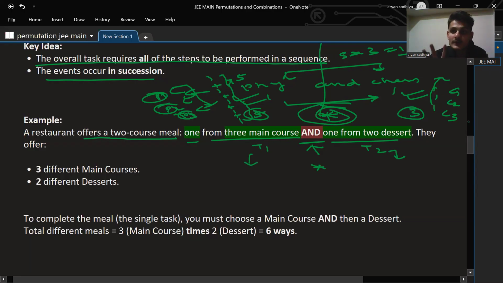These both are sequential steps. Whenever sequential steps come, the and keyword is used. You will face this keyword again and again in permutation and combination. Please notice this. Now you need to select one from three main courses. Three different main courses are there.